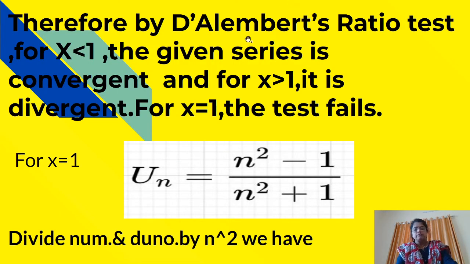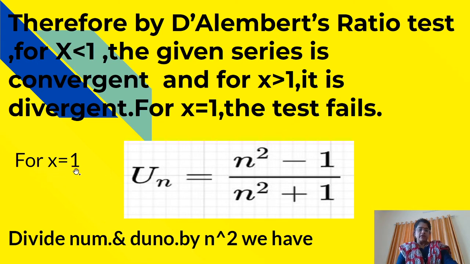And therefore by D'Alembert's ratio test, for x less than 1 the given series is convergent, and for x greater than 1 it is divergent, and for x equal to 1 the test fails.